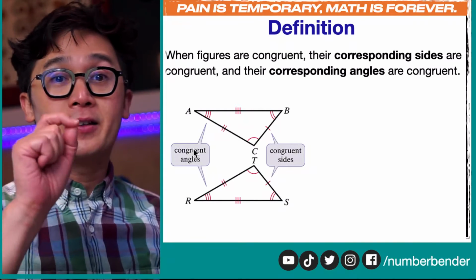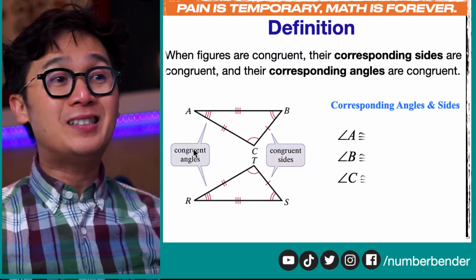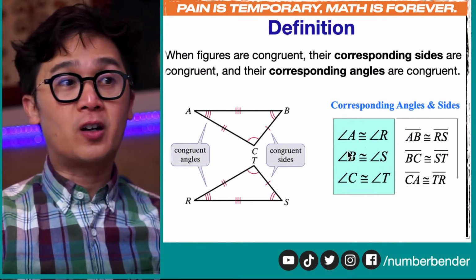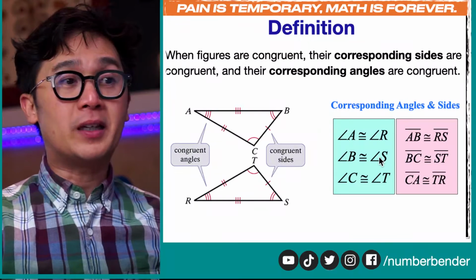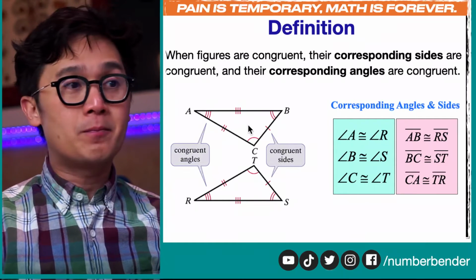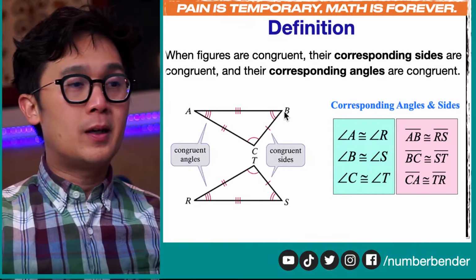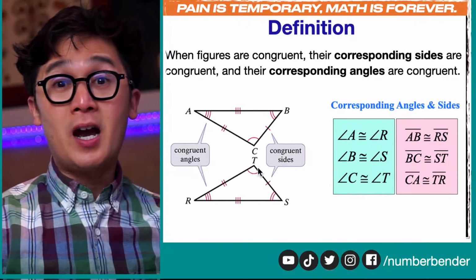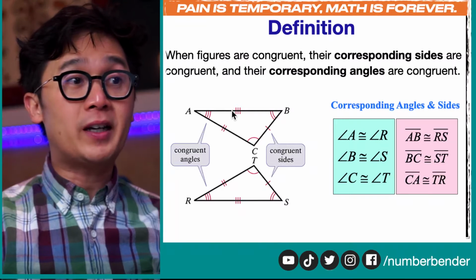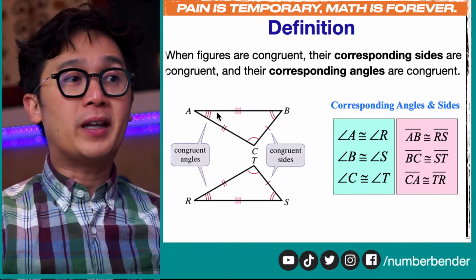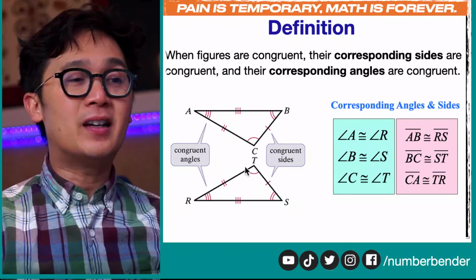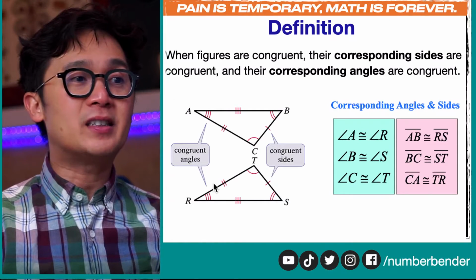And by notation, we write it out as so. We have corresponding angles that are congruent: A is to R, B is to S, and C is to T. The corresponding sides that are also congruent because of the markings are AB and RS, BC and ST, and CA and TR.